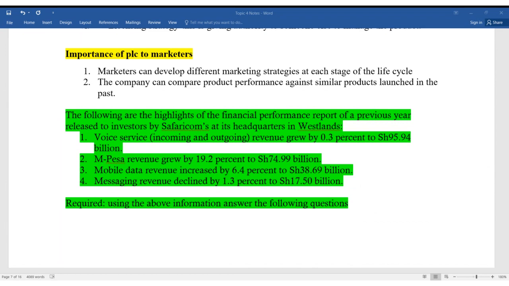Tell us, where do we place messaging? I think it's maturity, the decaying maturity, because the level of sales is declining and maybe the customers are now switching to other products.